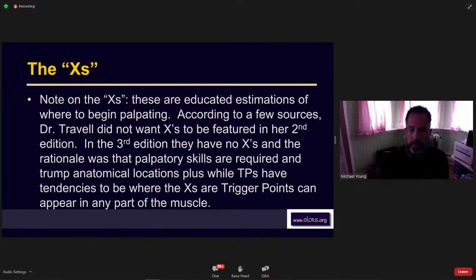So I consider the X's kind of like acupuncture points. It gets you in the right area, but then if you want to find the exact area, you need to palpate. Some people like the X's, some people don't. In the third edition, there are no X's, and again, palpatory skills.